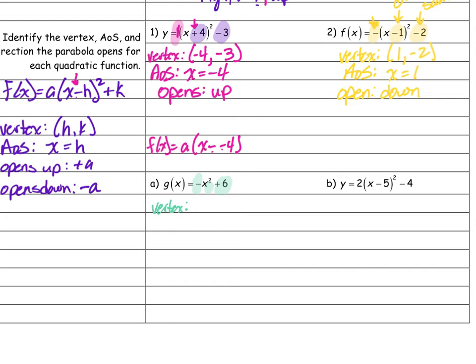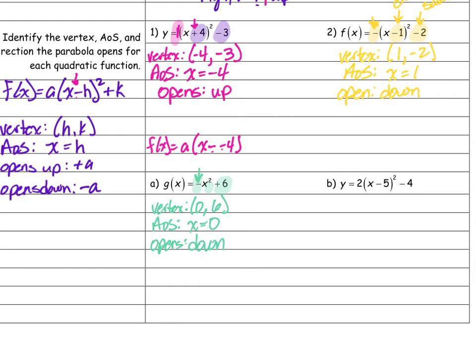Both of you who filled that in got that correct. Very good. It would be 0. If there's nothing being added to the x, that's just 0. And then 6 is being added outside of the square. And then my axis of symmetry is x equals 0. And it opens, because my x squared is negative, it's going to open down.